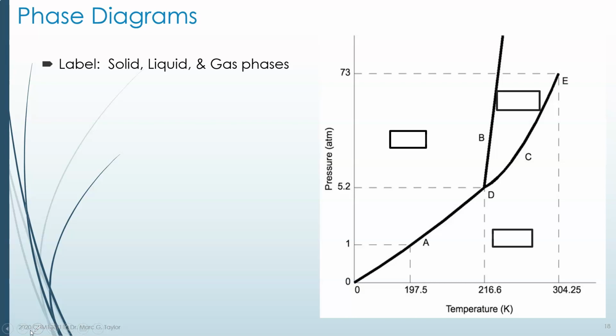Kelvin can go much, much higher, probably over 1 trillion degrees as far as what is possible. But this is up to 300. This is a little bit warmer than room temperature, believe it or not, 300 degrees Kelvin. So this chart goes from cool to warm on the x-axis, and it goes from low pressure to high pressure on the y-axis. So you'll notice the chart is divided into 3 very specific regions, and there's a little box in each of those for labeling those 3 regions.